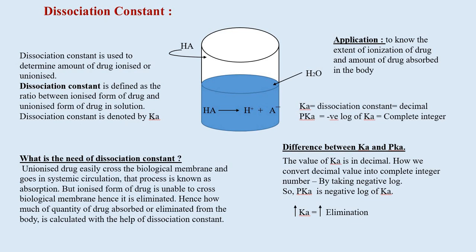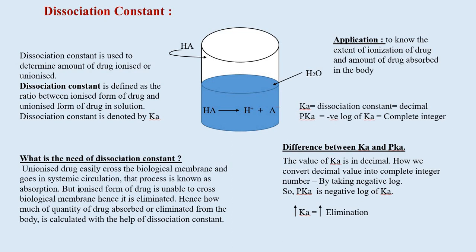And what is the exact need of the dissociation constant in pharmaceutics or in our pharmacy field? As we know, the ionized form of a drug can't cross the biological membrane, but the unionized drug easily crosses the biological membrane and goes into the systemic circulation. That process is known as absorption. We all know that.